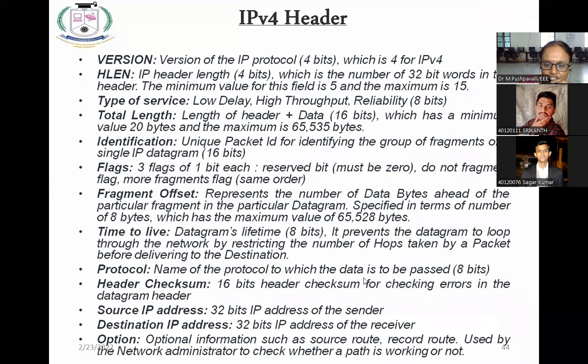In that fragmentation, whether I have to split my datagram or not will be decided by the fragment offset. And I told you time to live, that is very important in routing protocols and all. The lifetime of the packets, and how long it will be there, because while I am sending my packets from one router to another router, how many hops it will take, how many loops it is passing.